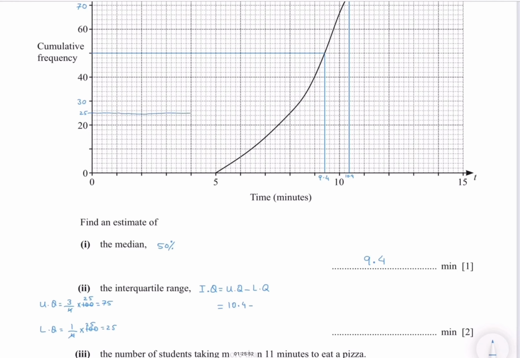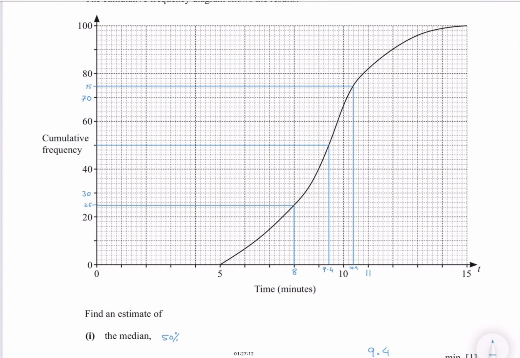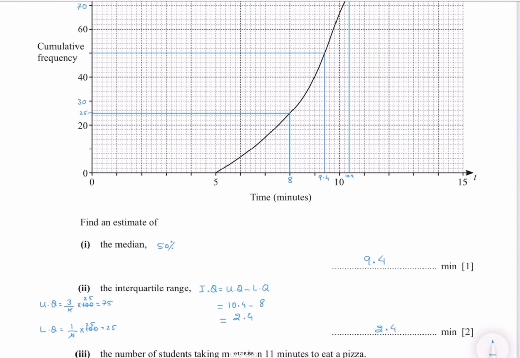So lower quartile is 25, go to the curve, from the curve, corresponding line on the x-axis, and read this value. This is 8. So 10.4 minus 8 is 2.4. So 2.4 is your answer.